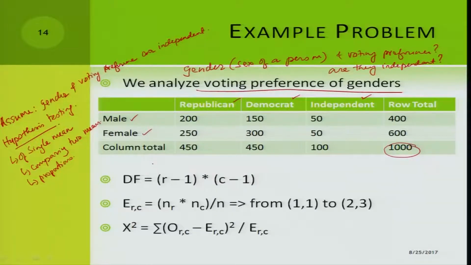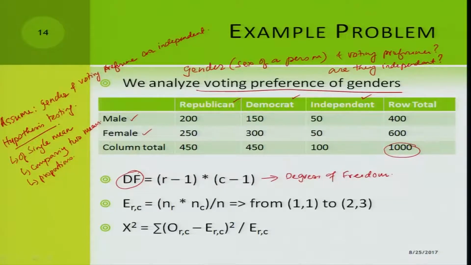So the first thing that we need to learn is a concept called degrees of freedom, which is discussed very well in the statistical textbooks. Here the degrees of freedom is calculated as (rows minus 1) times (columns minus 1).